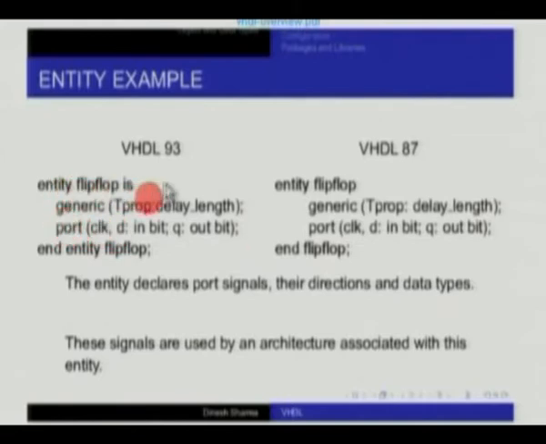Any generic that I may require for simulating its behavior will be declared in this generic list, and this is in fact optional. And then end entity flip-flop. Notice that in VHDL 87 I would have just said end flip-flop. So the entity declares port signals, their directions, whether it is input and output, and data types.